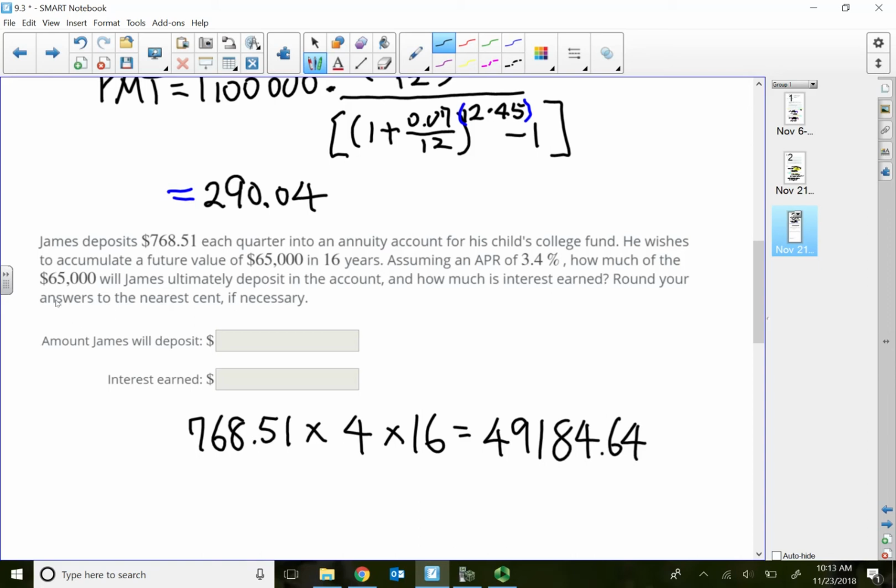All right. So he will actually deposit, so that goes in the first box, $49,184.64.